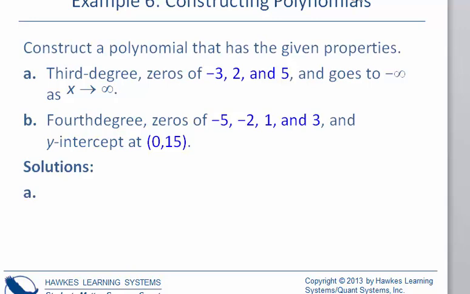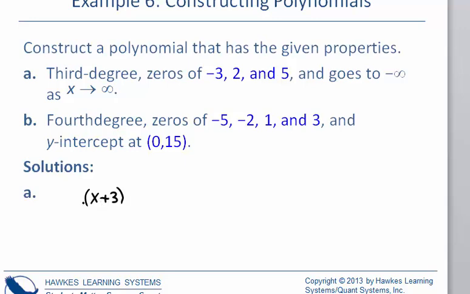So if I know that I have a 0 at -3, then what that means is that I had a factor that looked like x plus 3. Because remember that in order to go from the factors to the zeros, you're going to set that equal to 0 and solve.